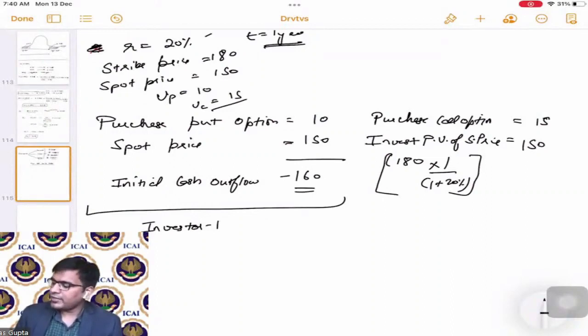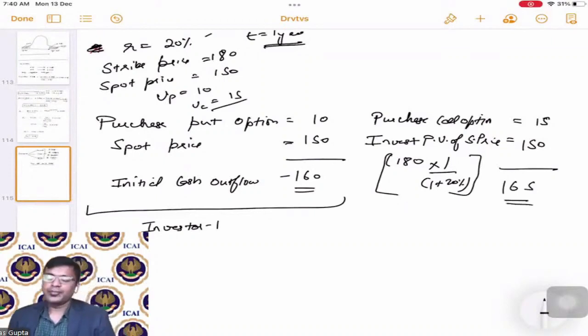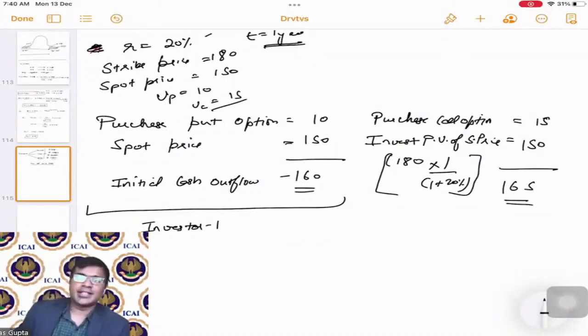Correct? 180 divided by 1.2 is equal to 150. And hence the total cash outflow initially is 165. This is what investor 2 has done.